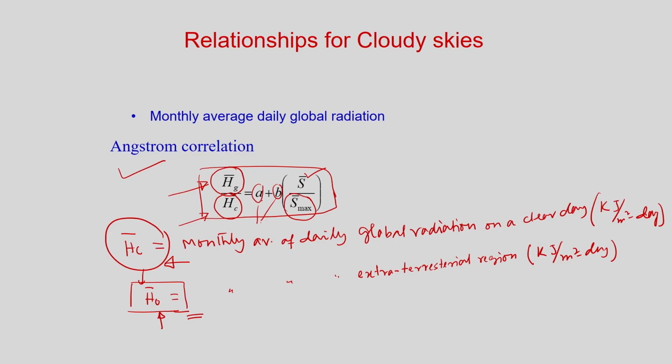Okay. So, this is for extraterrestrial radiation, and as I said, A and B are fitting coefficients. So, how are these calculated? By using this radiation Hg bar data and S bar data. By using this data, these two coefficients or regression coefficients are calculated. Okay. So, now let us derive the expression for H naught bar.